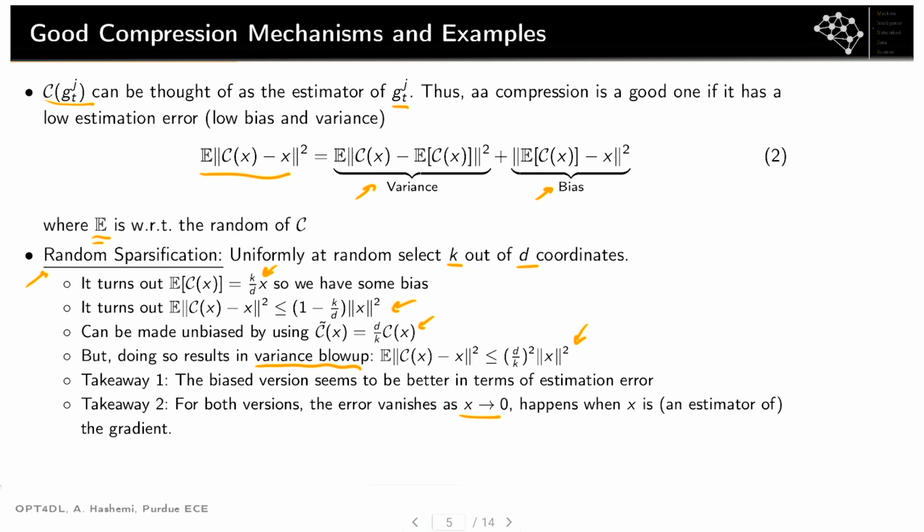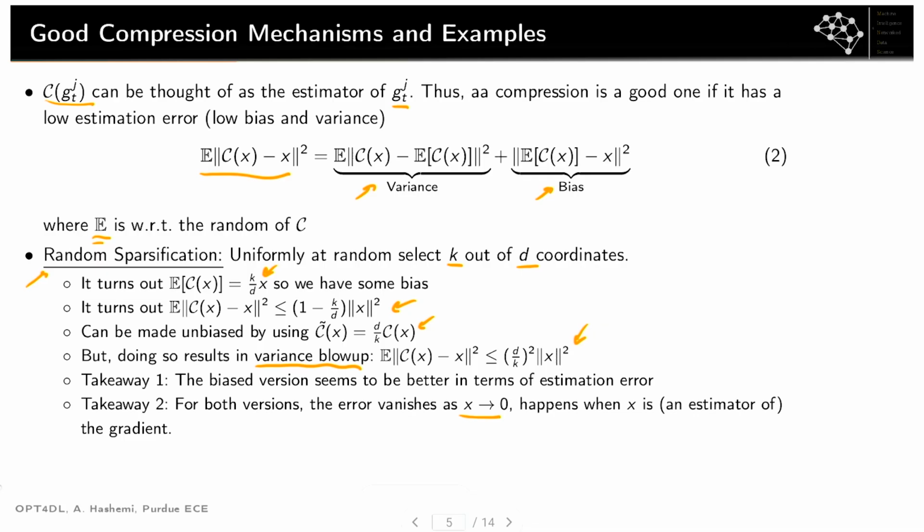Because the first order optimality condition basically says that the gradient has to be 0. So in that case, x is our gradient. We expect the gradient to go to 0 as our learning algorithm converges. Therefore, we should expect that if we communicate the gradient, the compression error reduces as we are performing distributed learning.